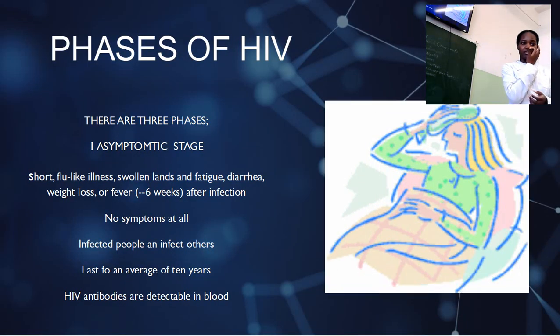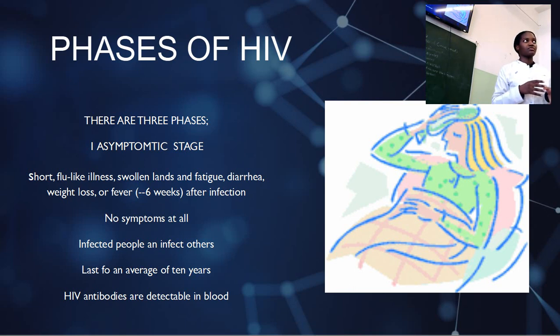And then phases of HIV, there are about 3 phases. We have the asymptomatic stage, the symptomatic stage, and also the main HIV and AIDS stage, where it basically leads to the final stage, which is the AIDS stage. The signs you can see in someone at the first stage are a short flu-like illness, swollen lymph glands, fatigue, diarrhea, weight loss, fever, and chills.